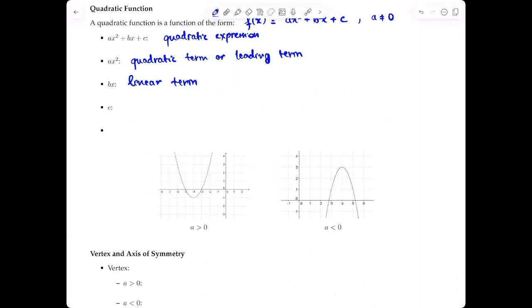Anytime you see a constant by itself, usually it means that constant is multiplied with a variable raised to the 0 power. So in this case, we call c by itself the constant term.